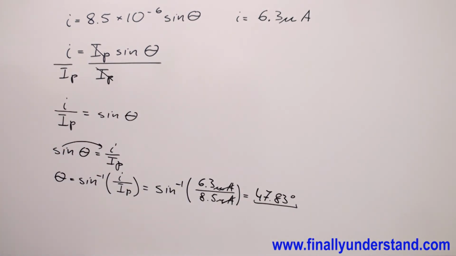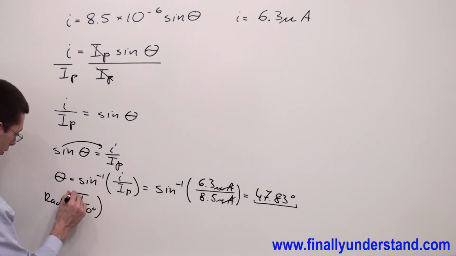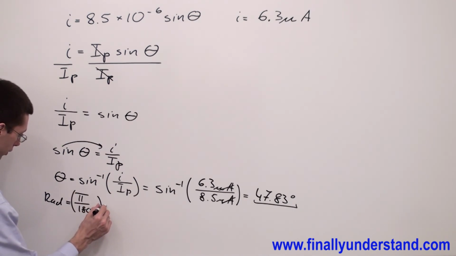Next, we're supposed to find the angle in radians. Remember, radians are equal to pi over 180 degrees times degrees.